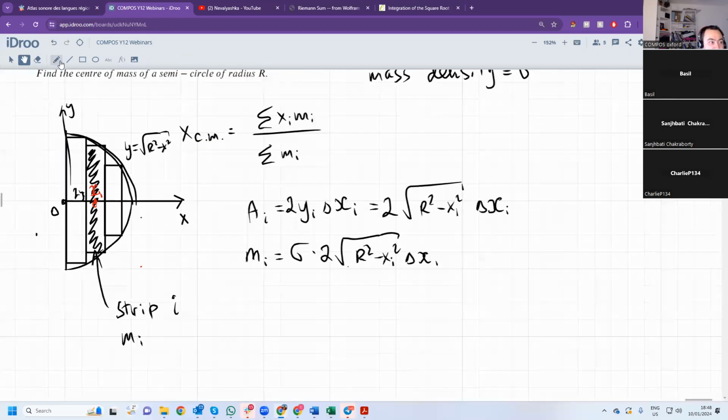And the total mass is just the area: the sum of the masses, which is equal to pi r squared over 2, half a circle, multiplied by sigma.